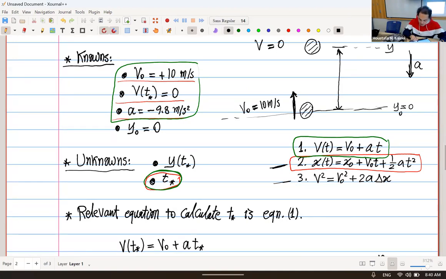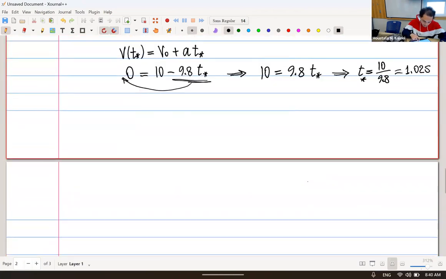Or we can use the third equation right away because it doesn't have time. So if we made a mistake when calculating the time in the previous problem, the mistake will not carry over. So we can use equation 3 more safely.